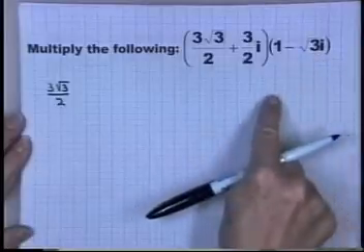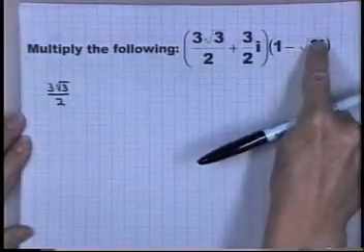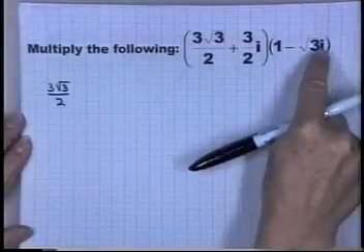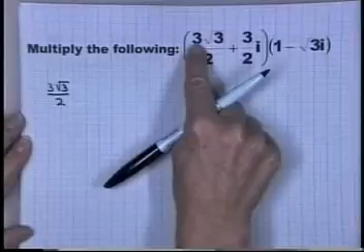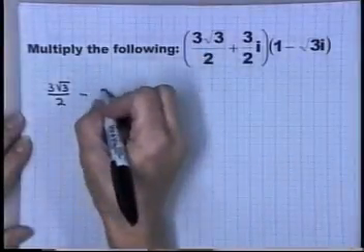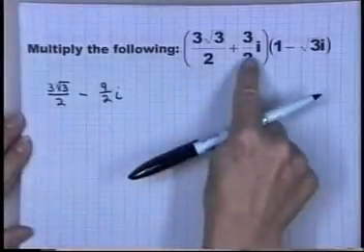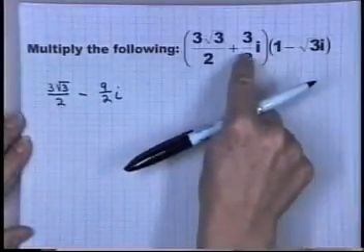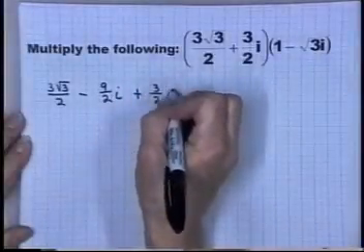Then we will do the outside product, so 3 square root 3 over 2 times negative square root 3 i. Notice that the square root 3 times this square root 3 produces a 3 times this 3 makes 9 halves, and it'll be negative, so minus 9 halves times i. Then we'll do the inside product, 3 halves i times 1 is a plus 3 halves i.